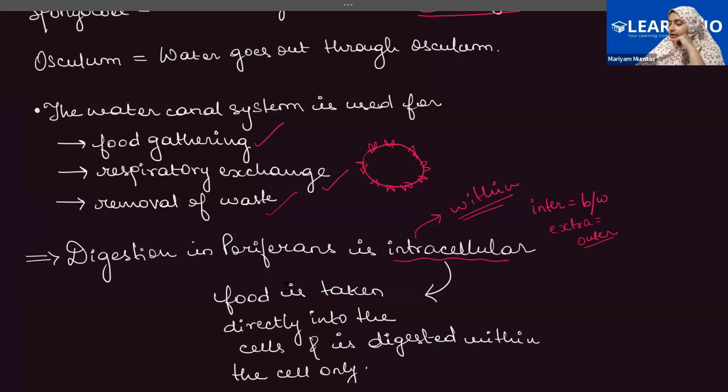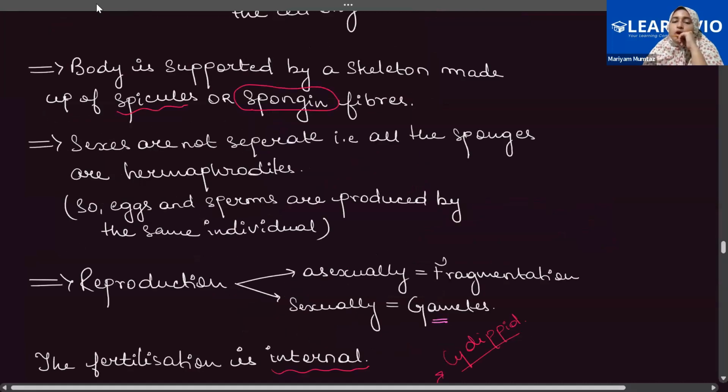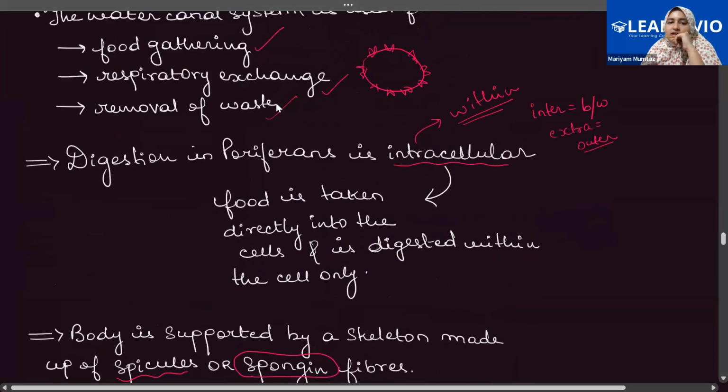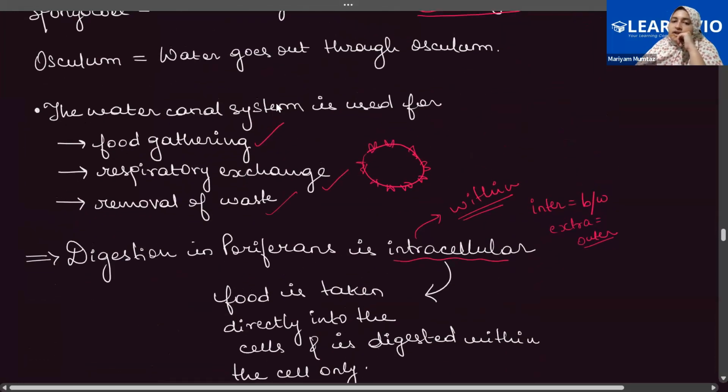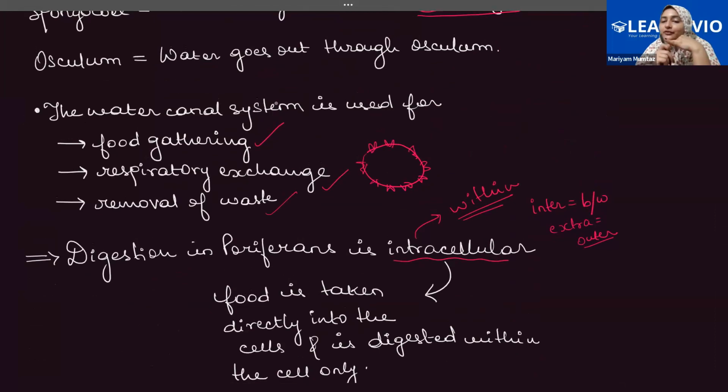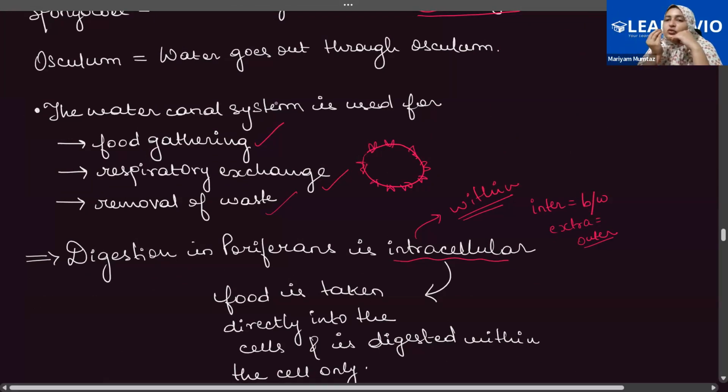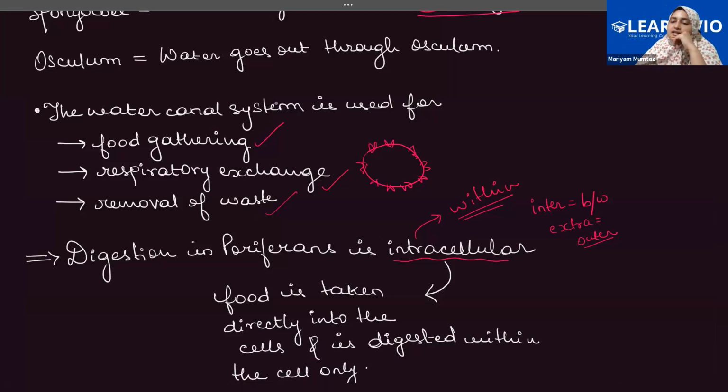Okay, all right. So coming back to it, what does the water canal system do? It is used for gathering food, because they don't have anything to catch the food or to put food in their body. So the water canal system helps them to get the food.